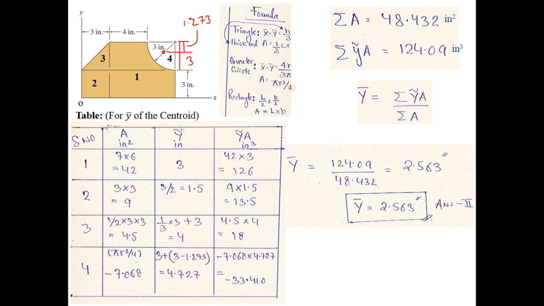And summation y tilde a, so you add the values of this column with their sign. Please note that negative will remain negative while you are adding. So 126 plus 13.5 plus 18 minus 33.410 gives you 124.09 inch cube, and you divide this value by this value according to this formula, and you get the y coordinate of the centroid of this composite area, that is 2.563.